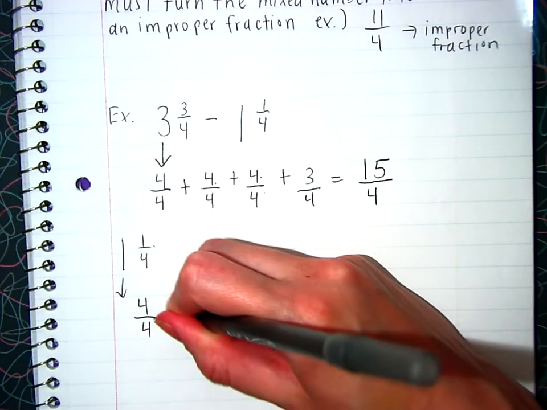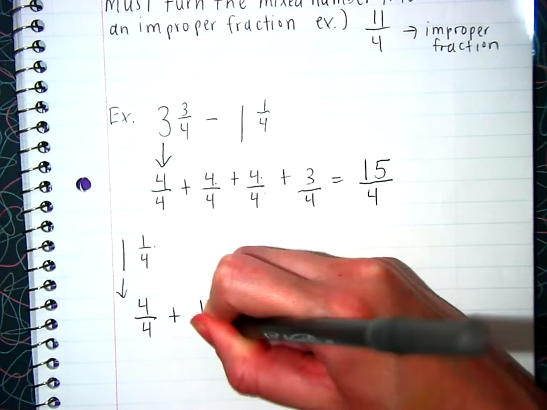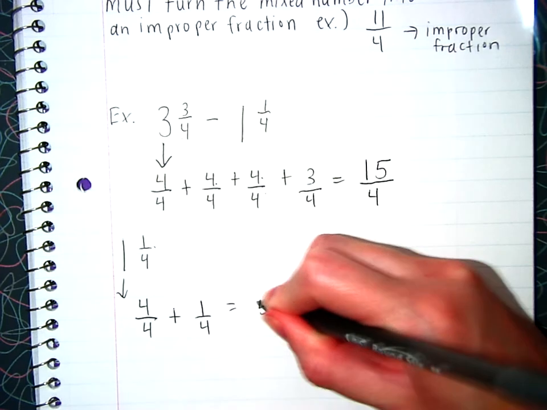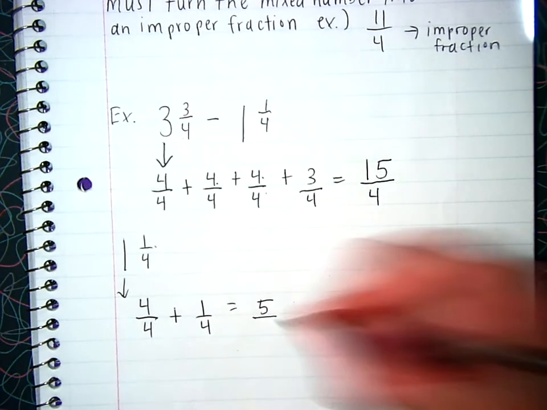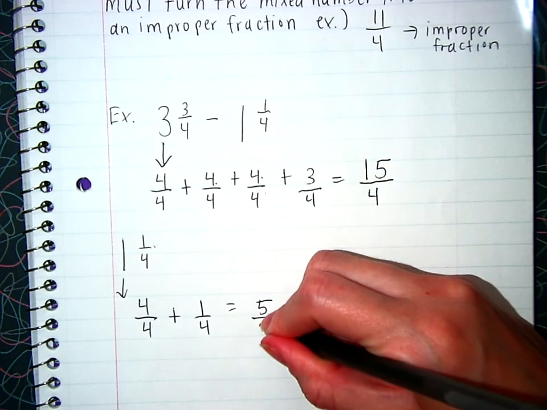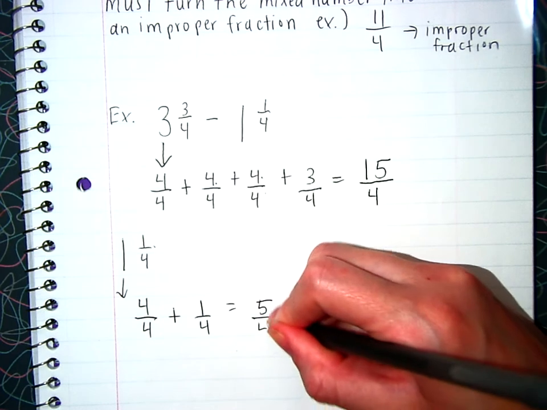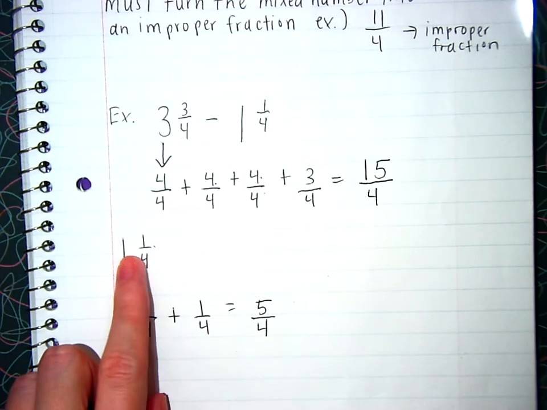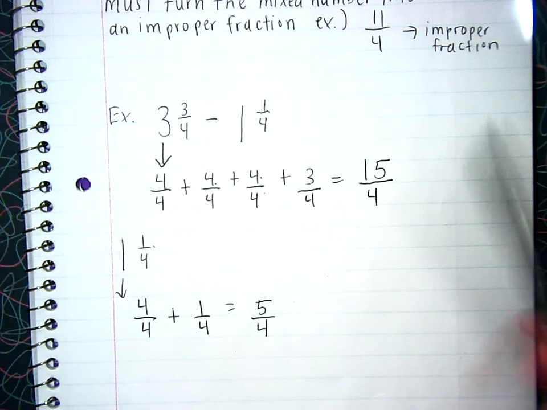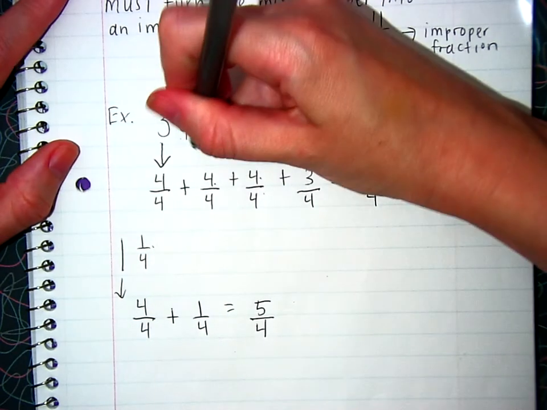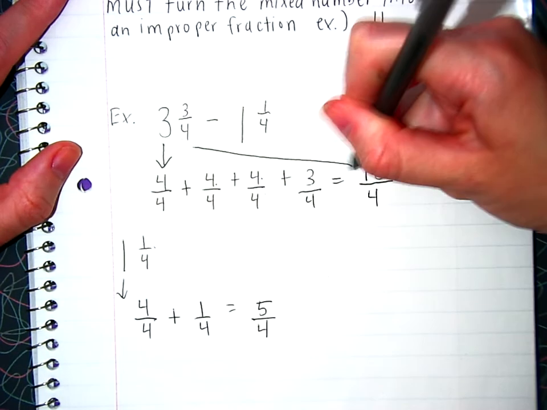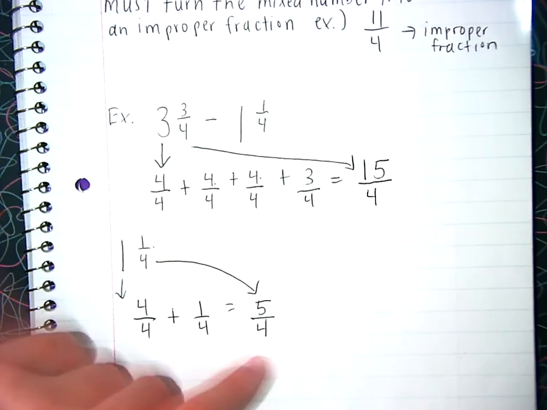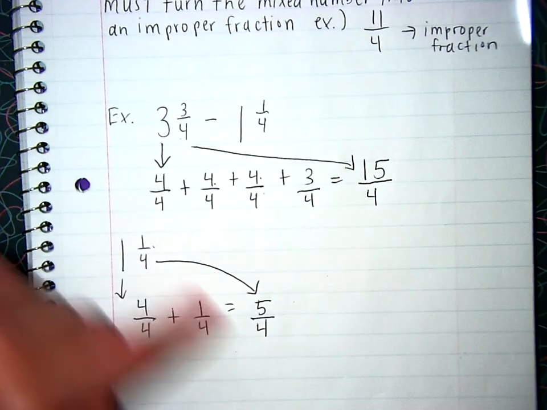So 4/4 plus 1/4. 4 plus 1 equals 5. And then I have my 4. So 5/4 is how you would write this as an improper fraction. So now I have the improper fraction for the 3 and 3/4, and this is the improper fraction for the 1 and 1 over 4.